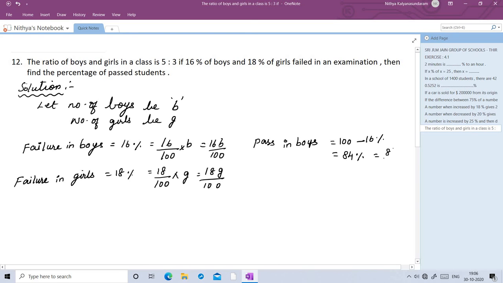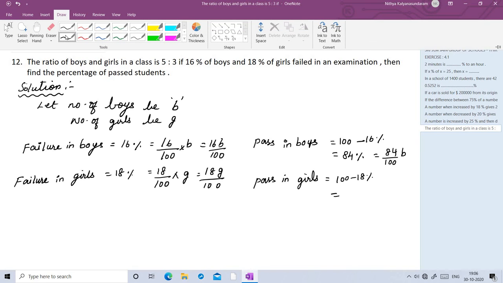So 84 by 100 boys. Then pass in girls, 100 minus 18.